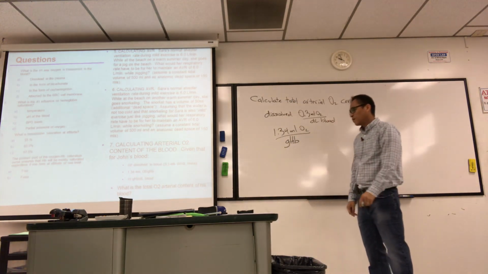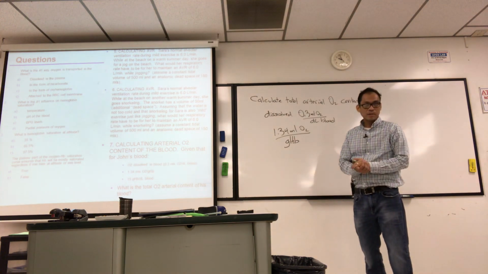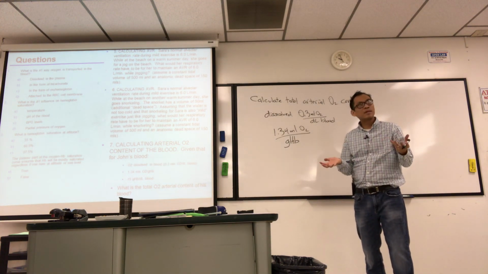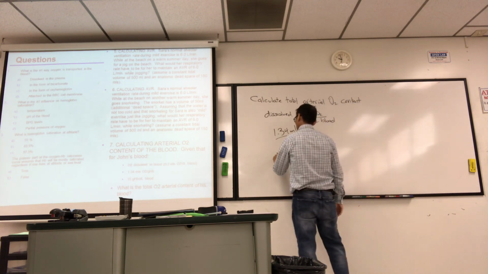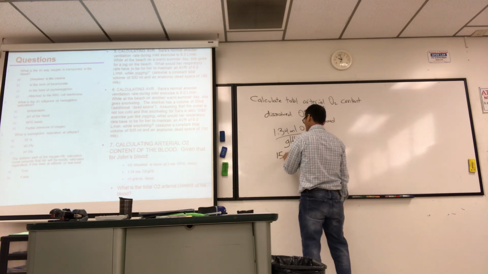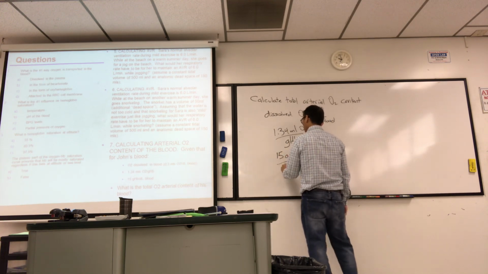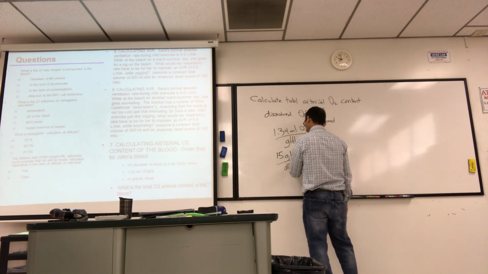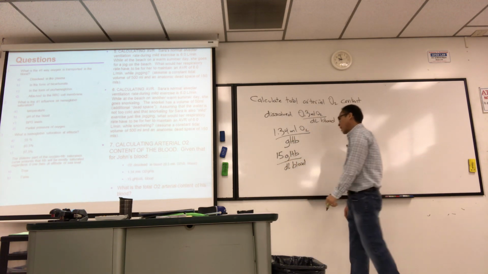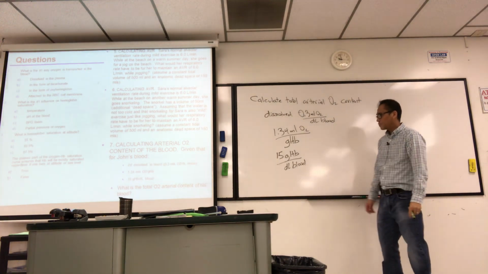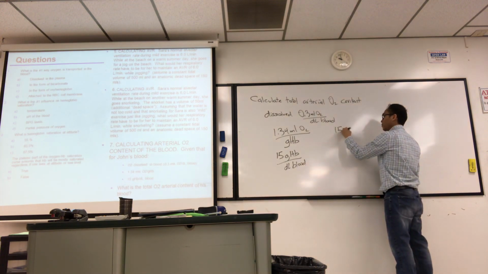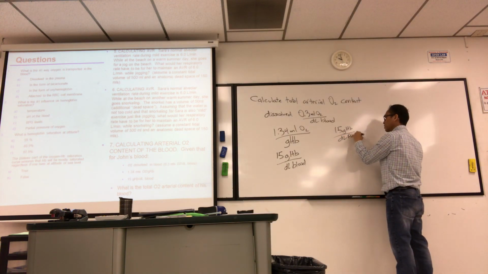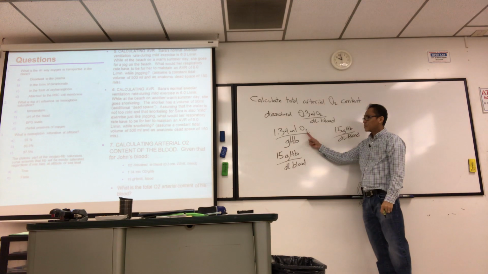I would also have to give you a person's hemoglobin concentration in the blood. I mean, I gave you a normal range. It's like 12 to 18. Here it's like 15 grams Hb per deciliter of blood. Well, the first thing I do is I try to figure out how much oxygen is bound to hemoglobin. So I'm going to take this bottom figure, 15 grams hemoglobin per deciliter of blood. What I know is, in humans, it binds about that much.